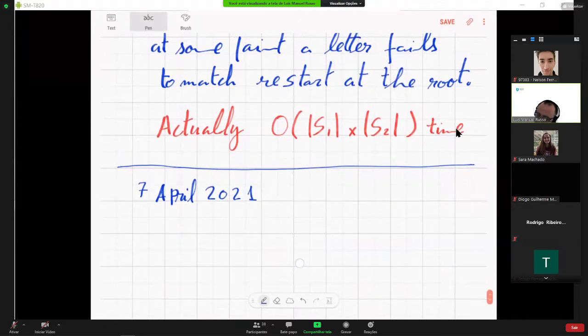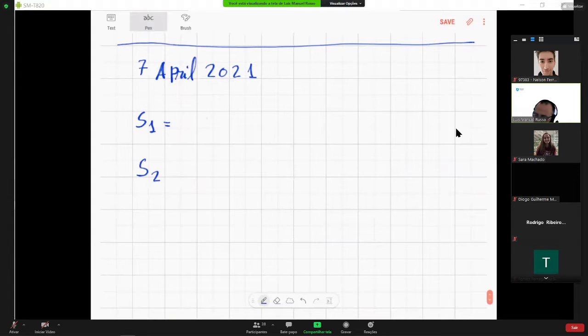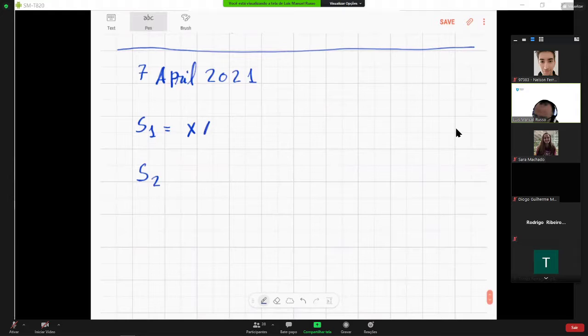So let's consider an example where this bad case might actually occur. We need a string 1 and a string 2. I'm just going to use some x's and a bunch of a's: 4 a's, and then an x, then another 4 a's, and then an x.